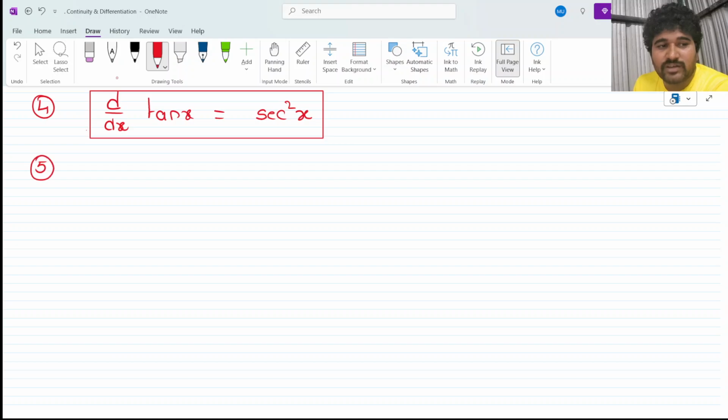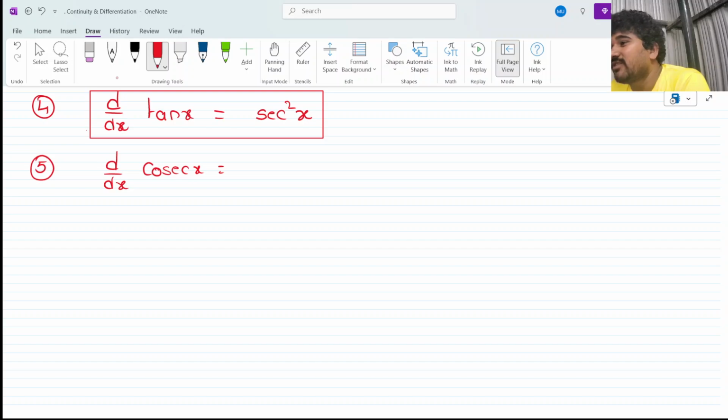Fifth formula. d by dx of cosecant x is minus cosecant x into cot x.